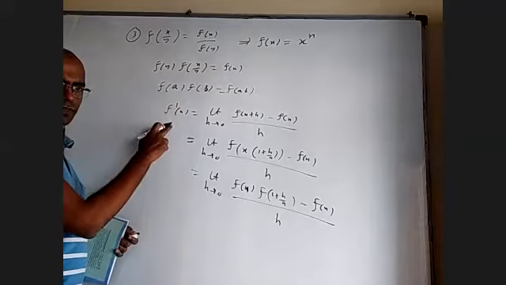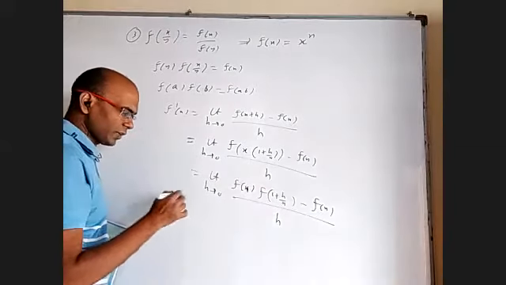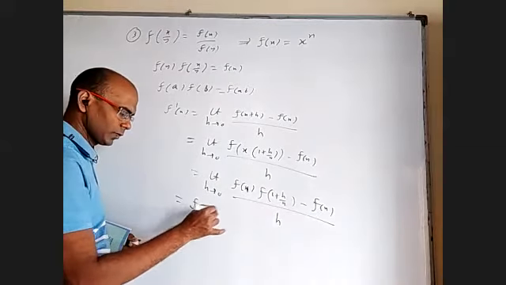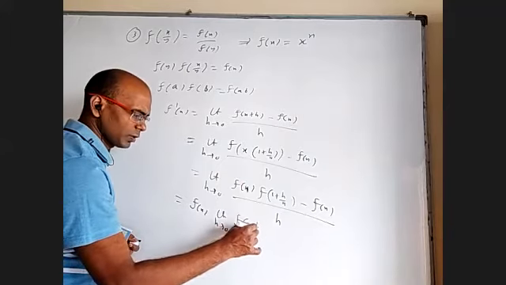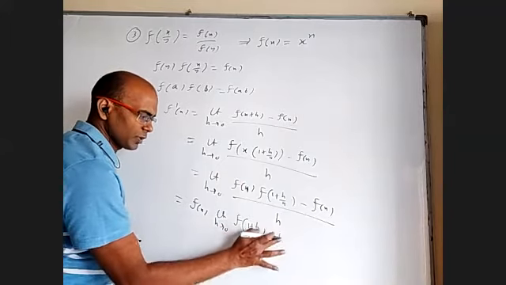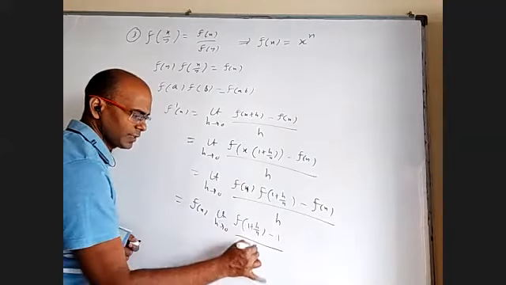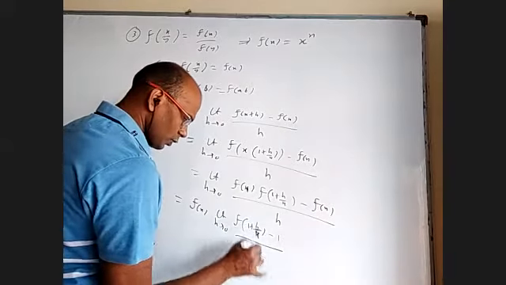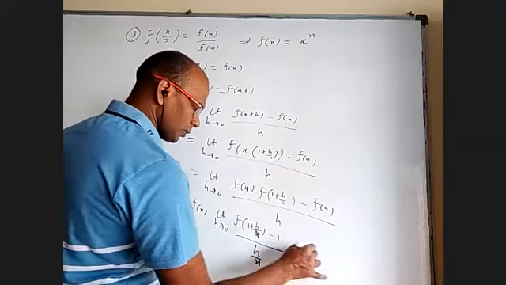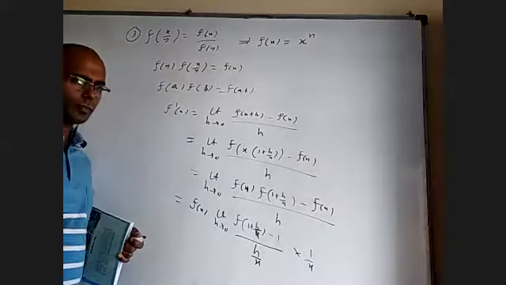This is the first principle definition. If we take f(x) common, we will get limit h tends to 0, f(1 plus h by x) minus 1 by h.